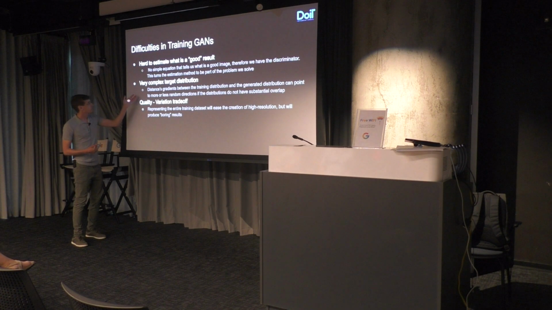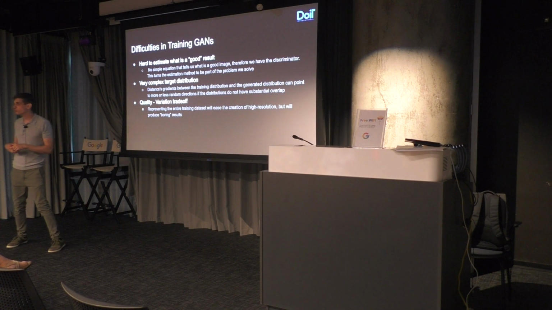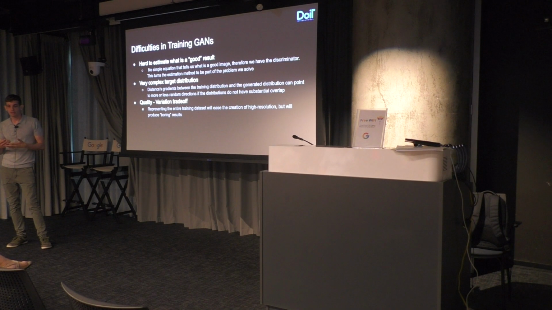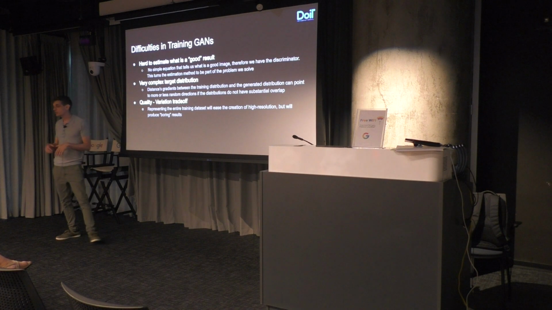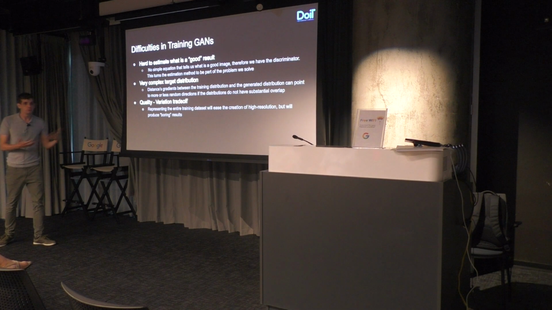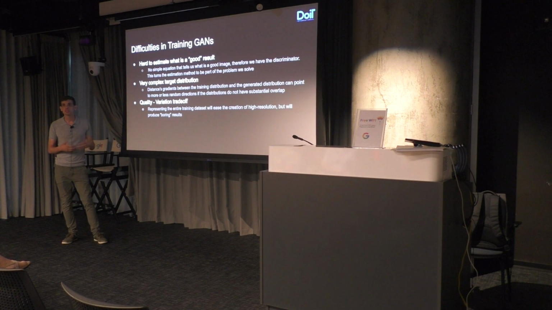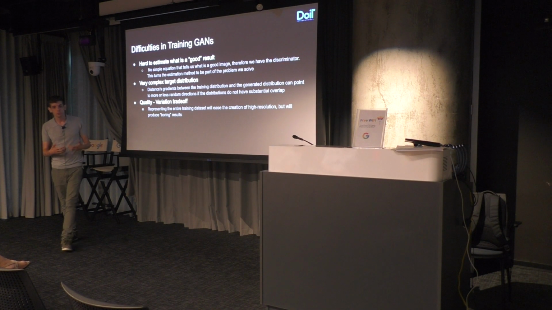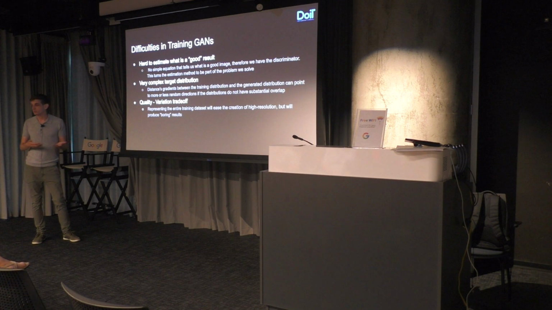Another problem that you might have is that it's a very complex target distribution. As opposed to when you're training a classifier, the generator is trying to imitate a very complex probability distribution, talking about images of people or images of cats or images of digits. It's a much higher dimensional, complex probability distribution that we're trying to imitate, compared to, I don't know, the cross entropy of a probability distribution in a classifier.